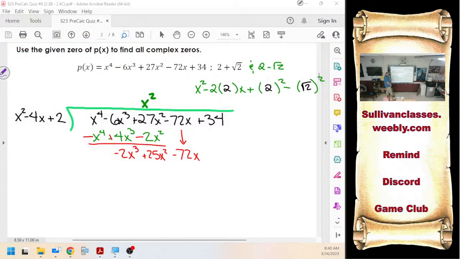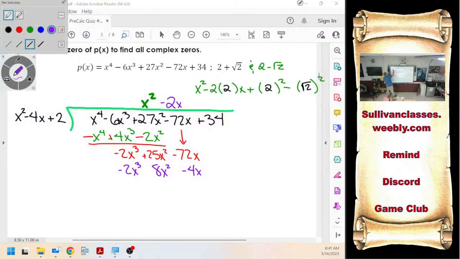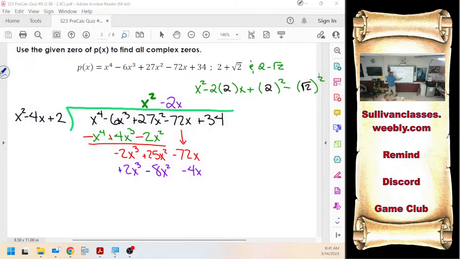Go again. Negative 2x cubed divided by x squared. It's negative 2x. Distribute. Change your signs. Getting, what's that? 5, 8, 18? 17. 17x squared minus 68. Oh, yeah, okay, that makes sense.